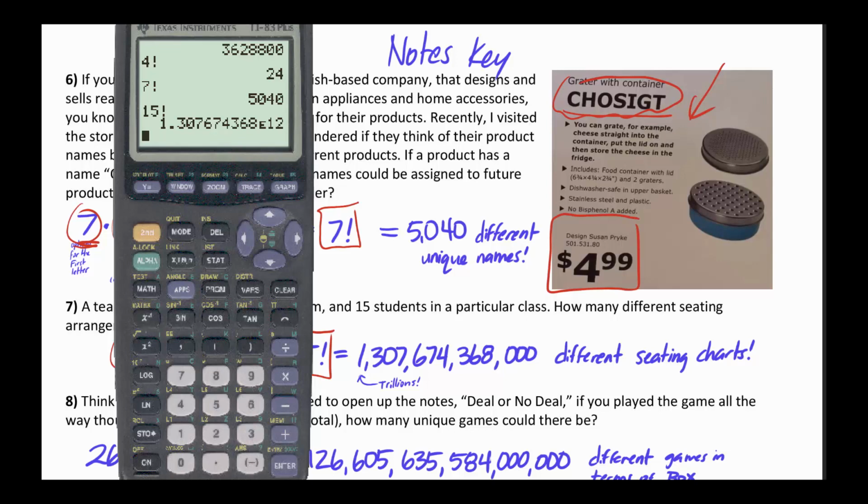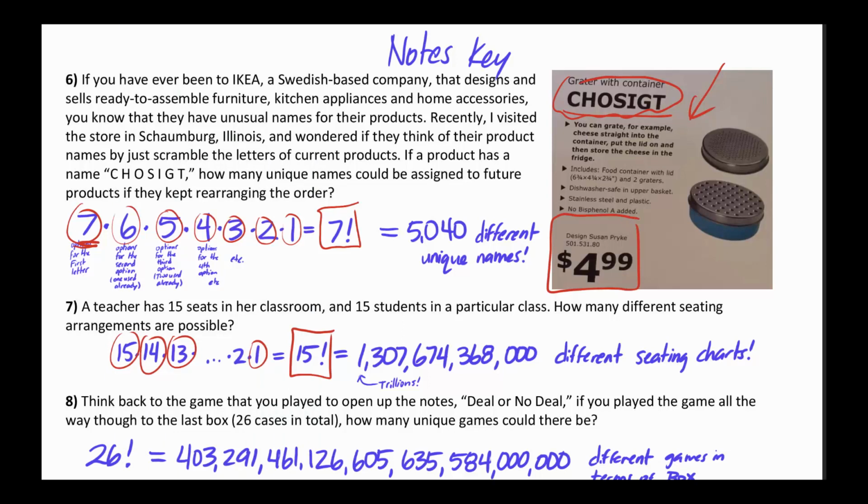So when we write it out, it is going to be in the trillions. It's a 1 followed by 307,674,368,000. That's all the different seating charts that they could come up with. So you could have a new seating chart every single day, and it would never be quite the same, and you could do that for years and years and years.